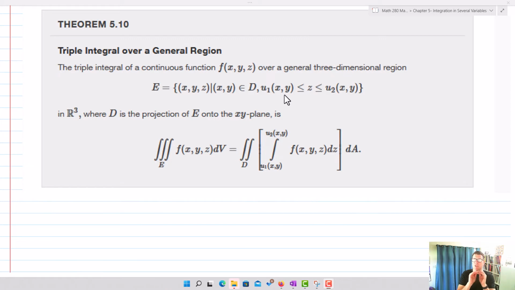You can do this in any order you want, as long as you construct your functions of Z, X, and Y correctly and place them in the correct order.